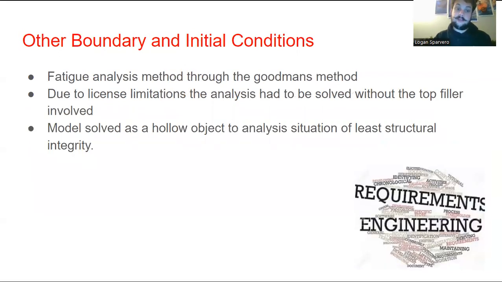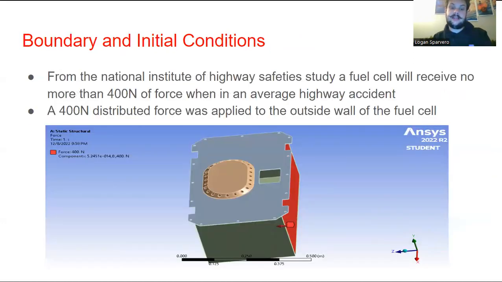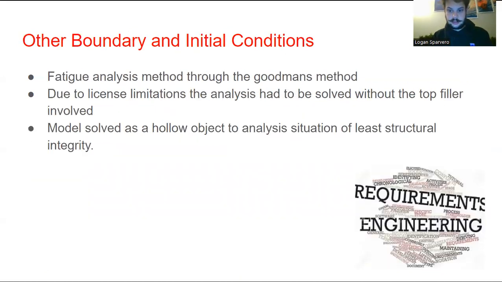Other boundary conditions are due to licensing and limitations. The filler had to be removed for the analysis, and that is that portion right there with the air inlets. And then there is supposed to be a circle there, which is a fuel filler, but it did not transcribe over into ANSYS.